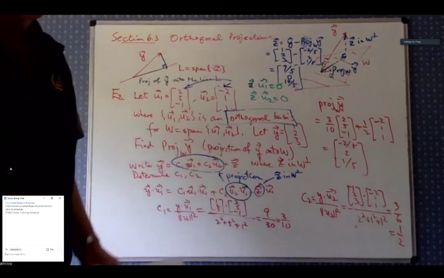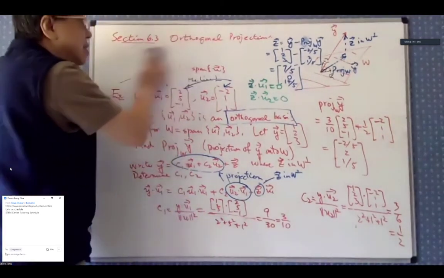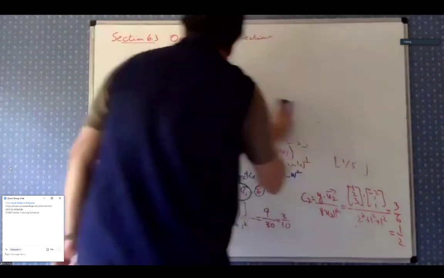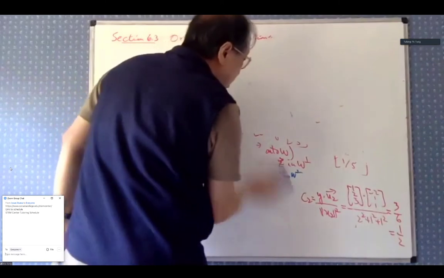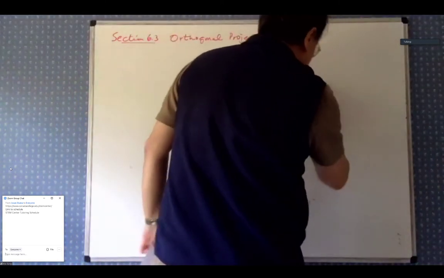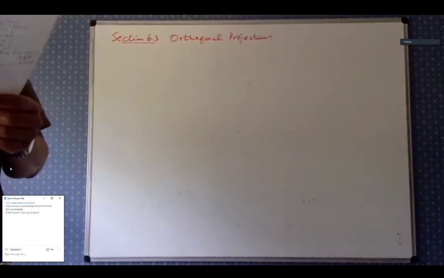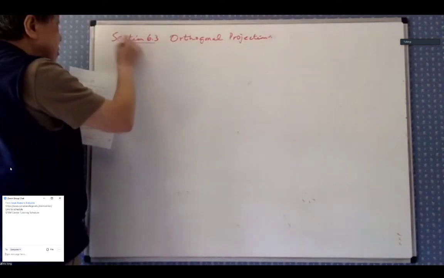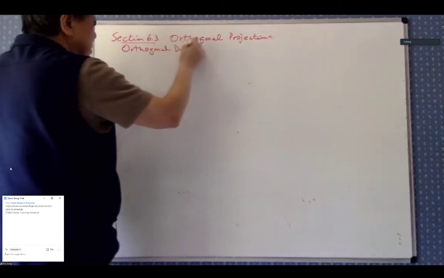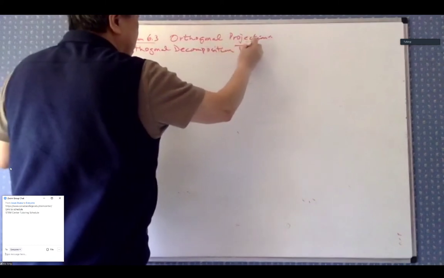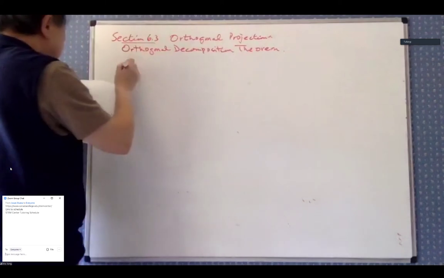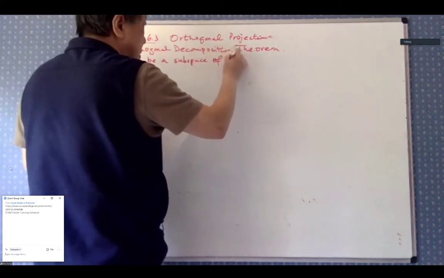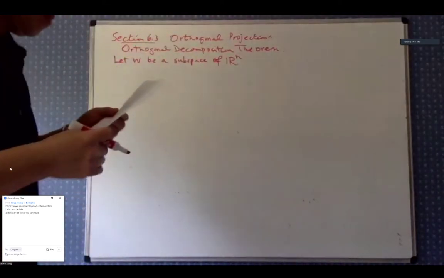Okay, so we are going to write down the generalization now. We are just generalizing what we just did to a higher dimension. W is a subspace of Rn.